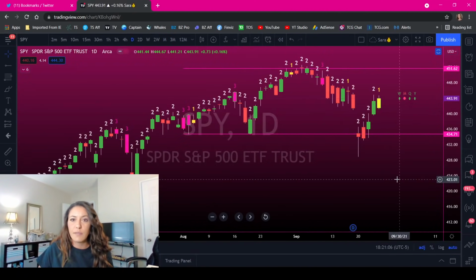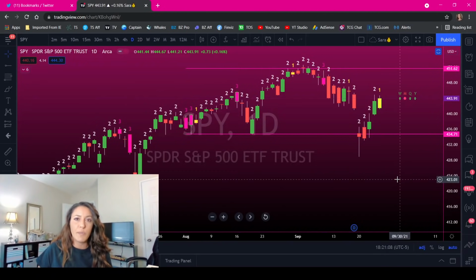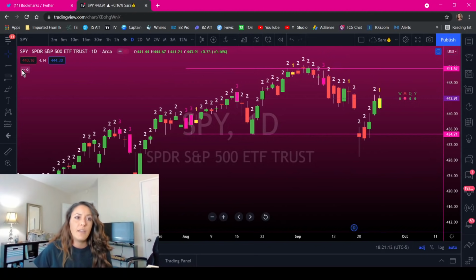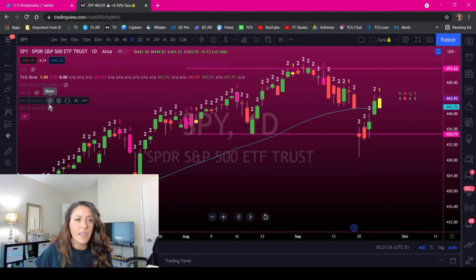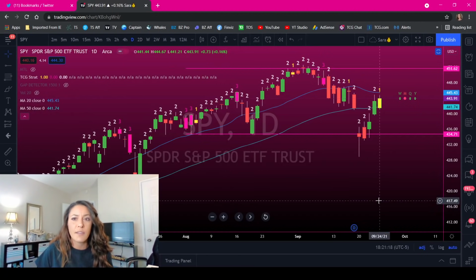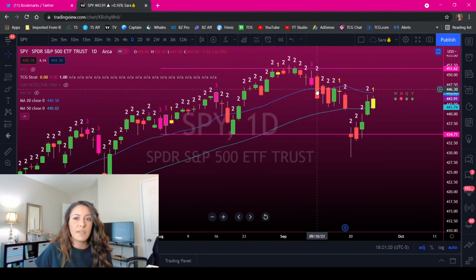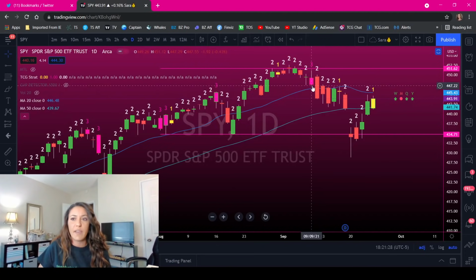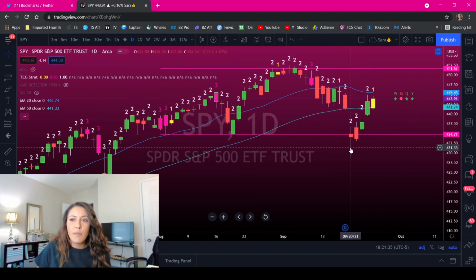Let's go to the daily time frame. Most people and most algos love to buy on the 20 and 50 day moving average, I think. So let's look at those. Up here is the 20 day, down here is the 50 day. So people who were dip buying on this bar, which was at 445, and this bar, which was at 441, could have bought so much lower.